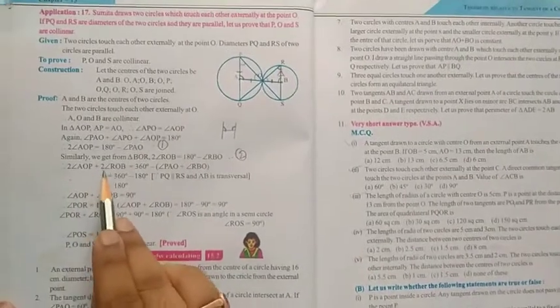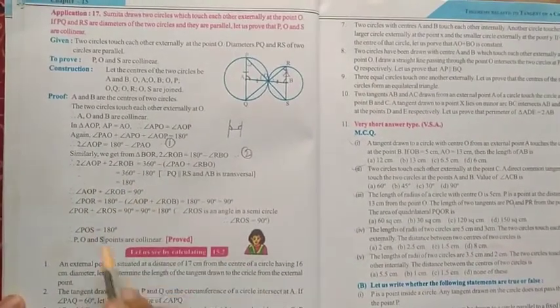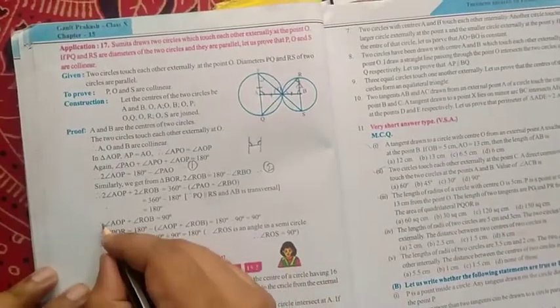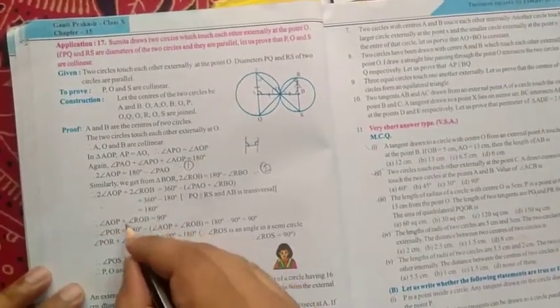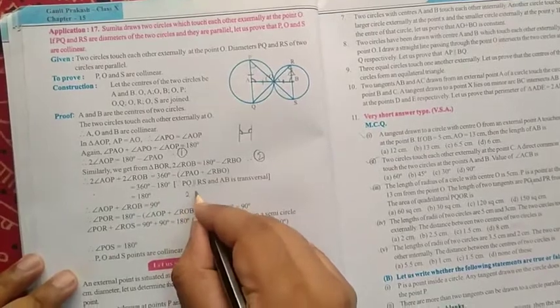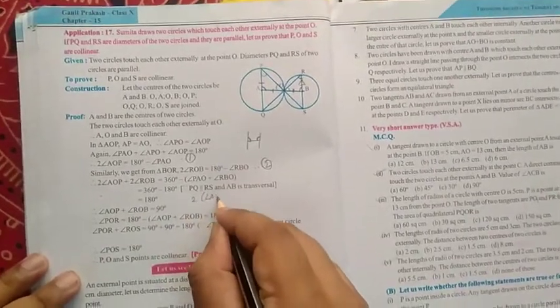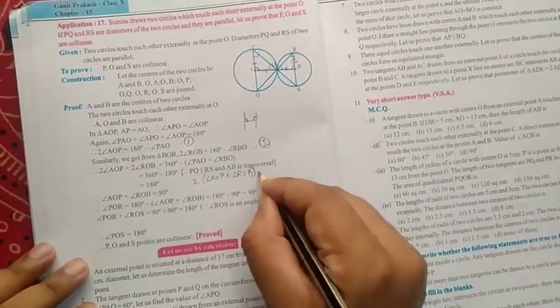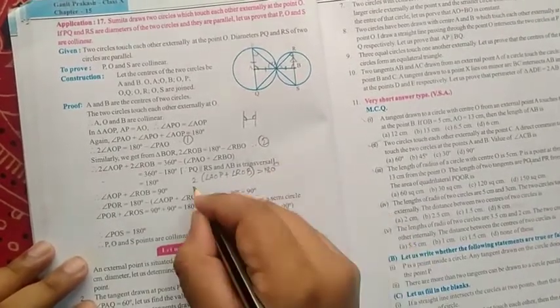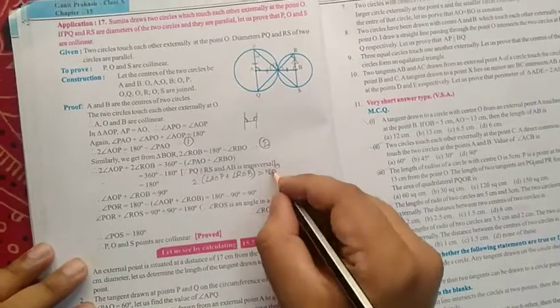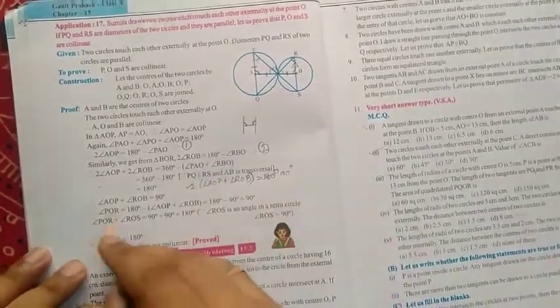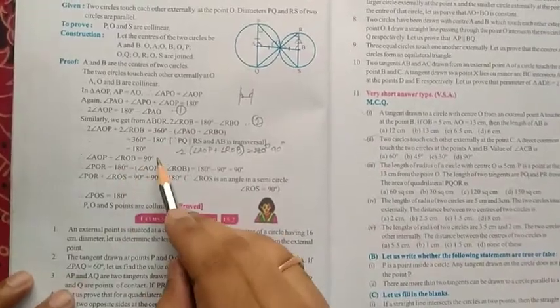So 2 angle AOP plus 2 angle ROB equal to 180 degrees. Taking 2 common, 2 times angle AOP plus angle ROB equal to 180 degrees, and dividing by 2, we get 90 degrees. So angle AOP plus angle ROB equal to 90 degrees.